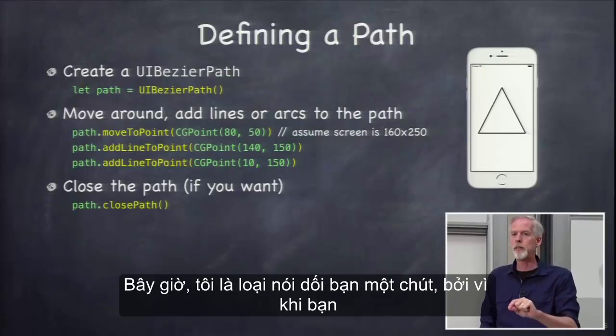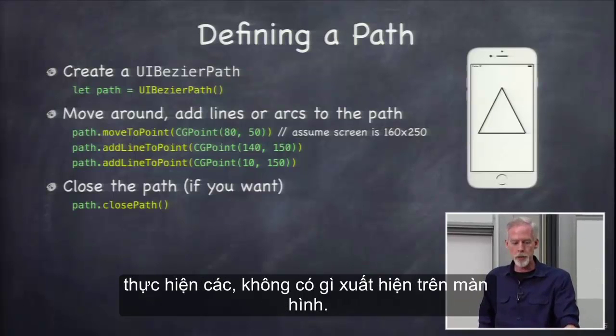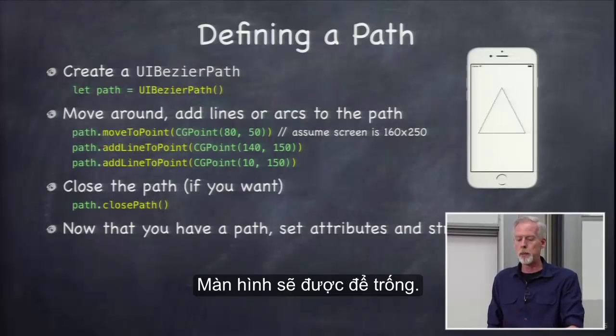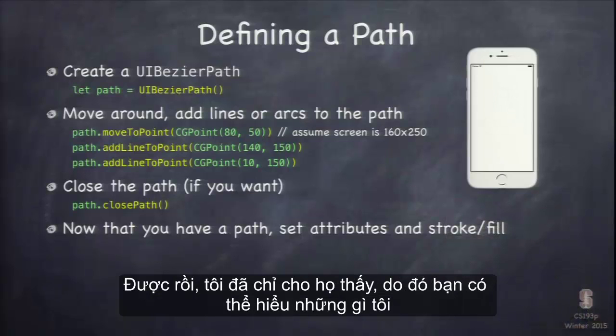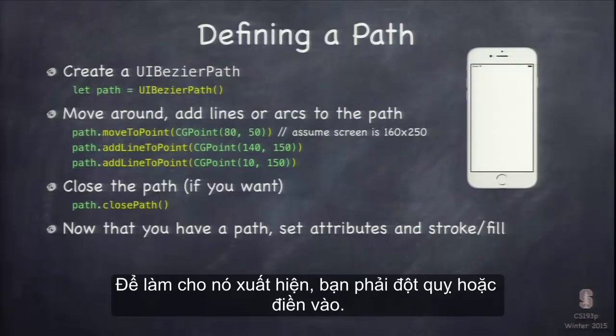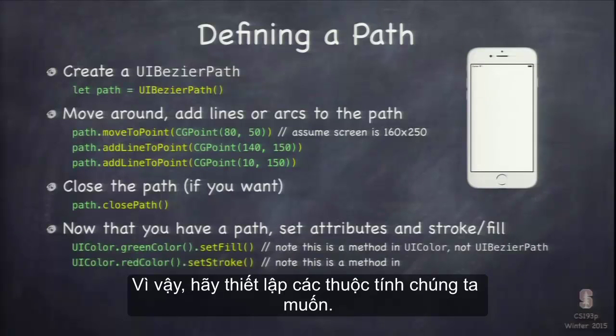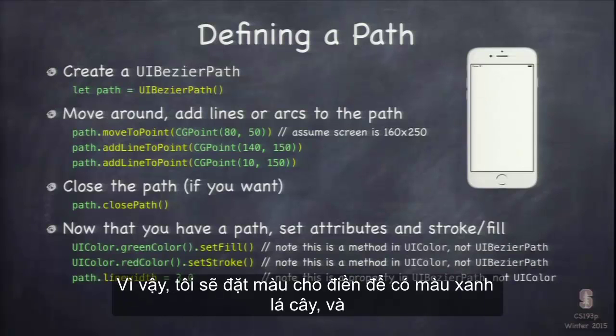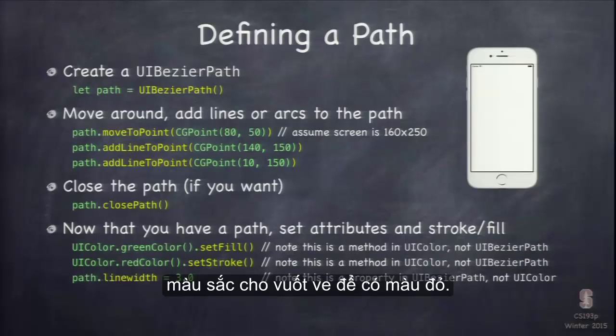Now, I'm kind of lying to you a little bit because as you execute these, nothing is appearing on screen. The screen will be blank. I was only showing them so you can understand what I was doing with the lines. To make it appear, you have to stroke or fill. So let's set the attributes we want. I'm going to set the color for filling to be green and the color for stroking to be red.